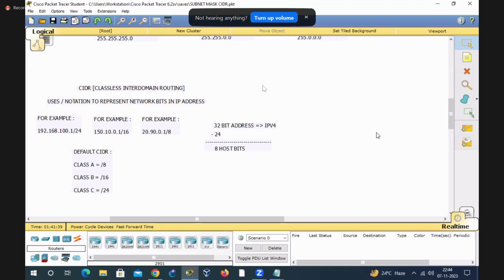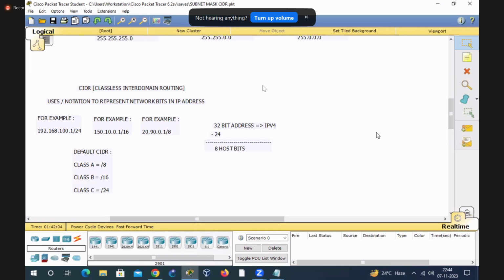For class A, the local range is 1 to 126, and the range is 1.0.0.0 to 9.255.255.255, and 11.0.0.0 to 126.255.255.255.